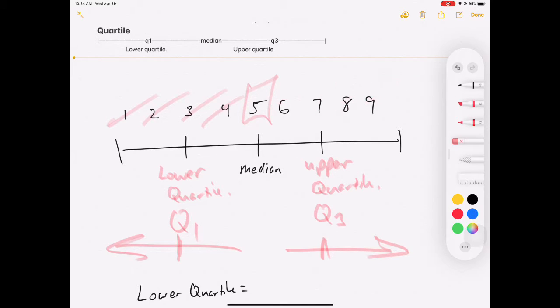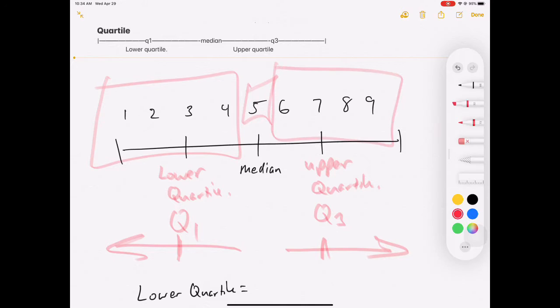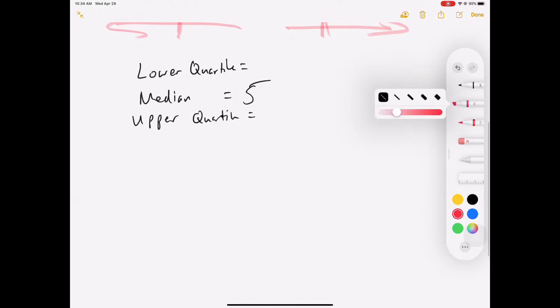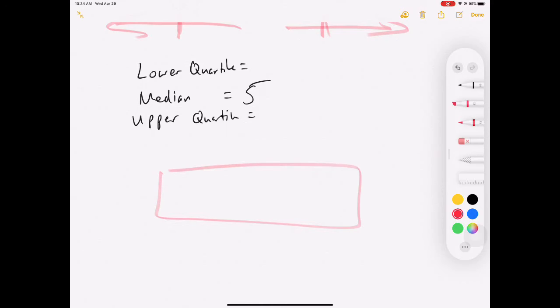We've done that before. Now the next part is, what would the lower half be? What's the middle of the lower half? And what's the middle of the upper half? Because if you think of it, a quarter is half of a half. Let me show that in a little picture here. A quarter is half of a half, right?